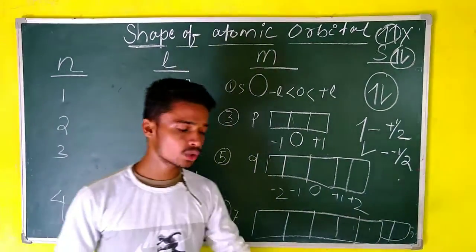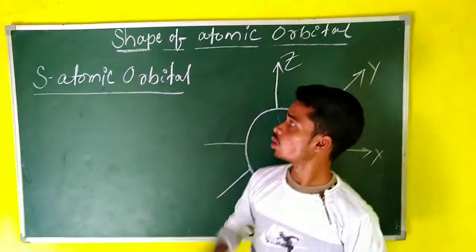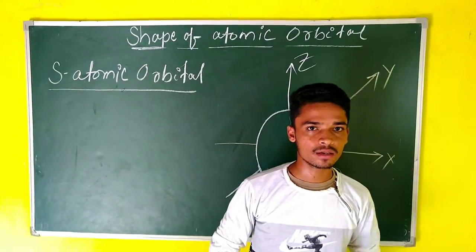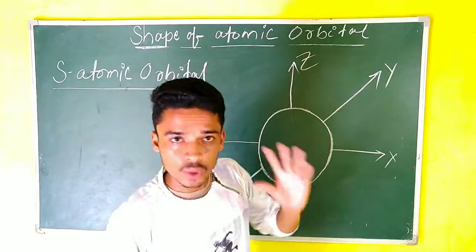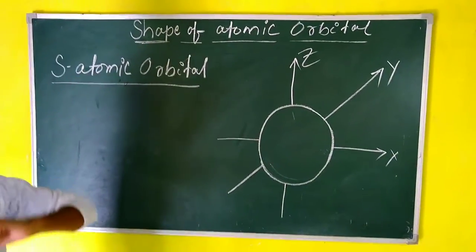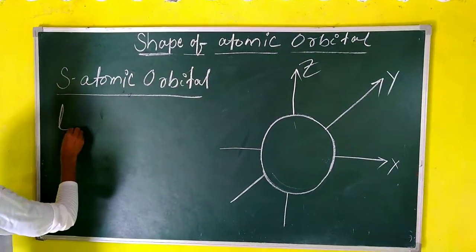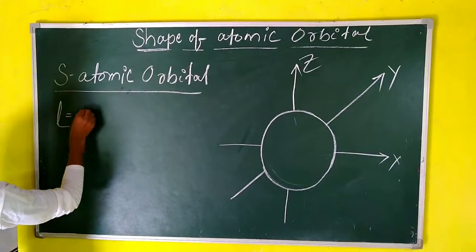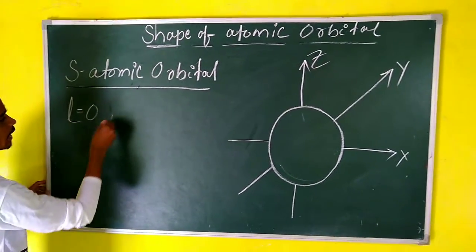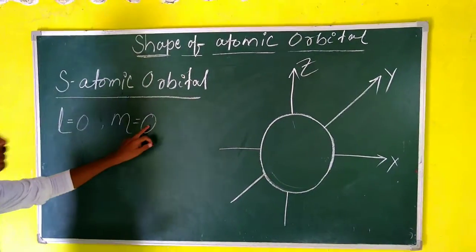To study our shape of atomic orbitals, then comes the shape of atomic orbital. The first orbital is s. So what is the shape of the s atomic orbital? Azimuthal quantum number l value for the s orbital is 0. m value, magnetic quantum number value, is 0.